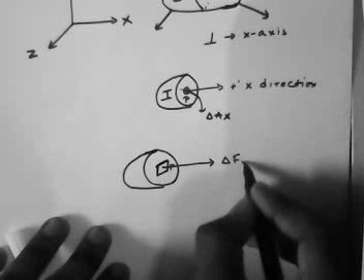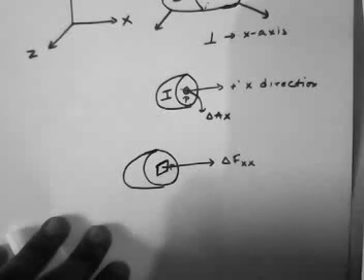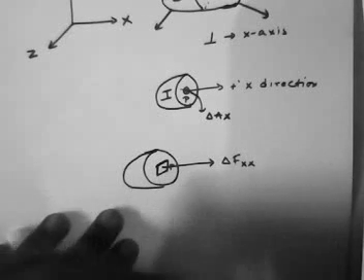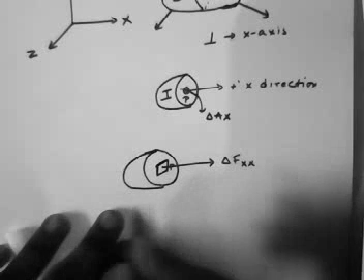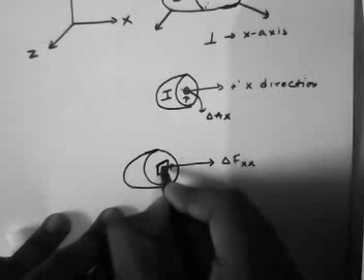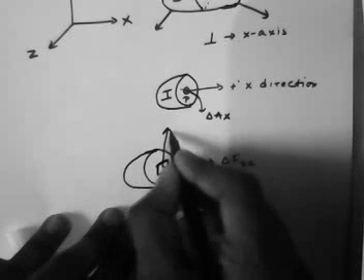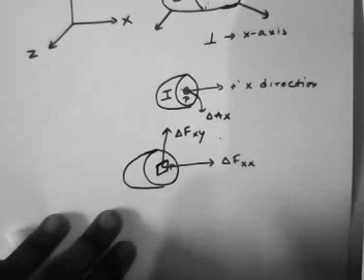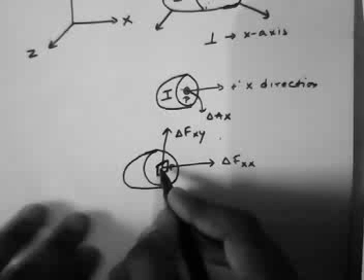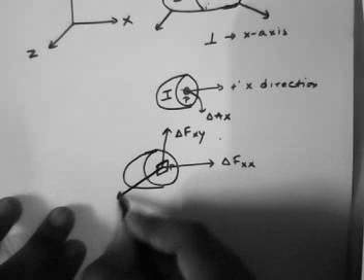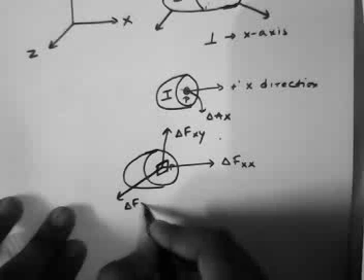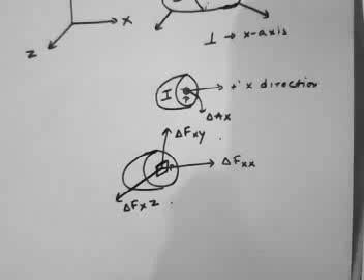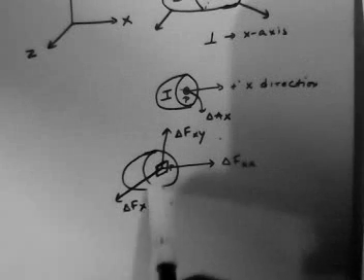One force which is acting perpendicular to this area is del F xx. If you denote it by the subscript xx, that is the force which is acting in the positive x direction. One force which is basically acting in the y direction is del F xy. And another force which is acting in the z direction is del F xz.